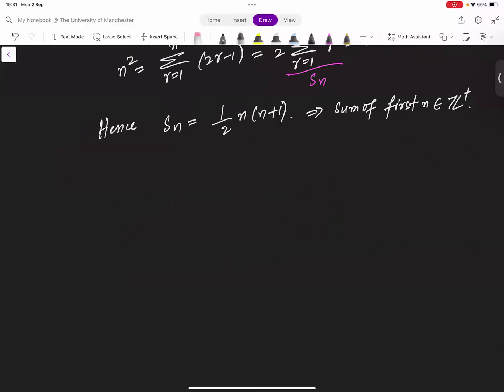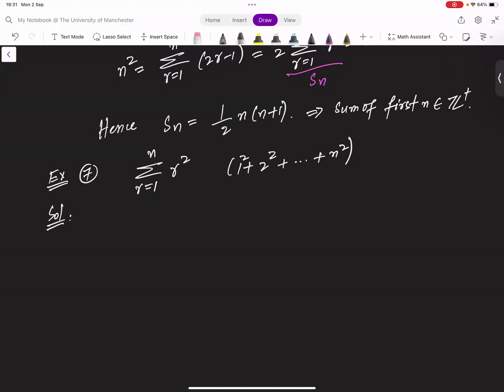We can also write another example, which says: find a formula for the sum of r squared from 1 to n. This is asking for the sum of squares of the first n integers. To solve this, we first try to guess the answer intelligently.